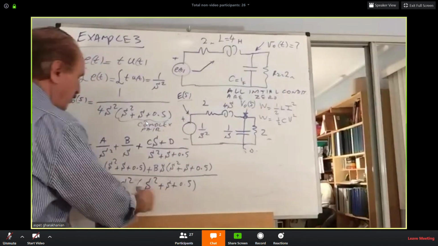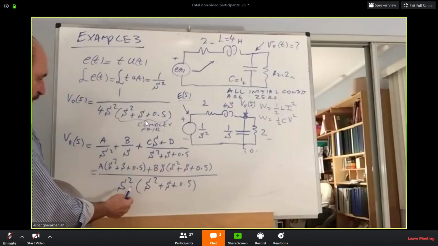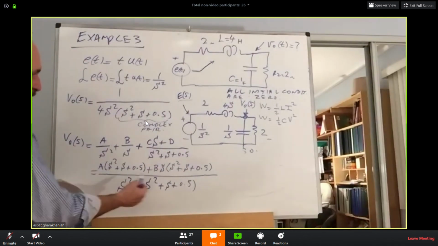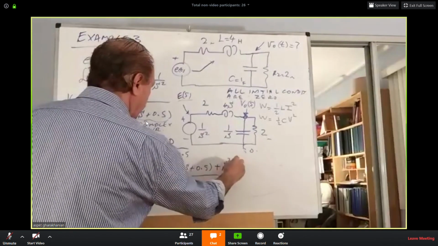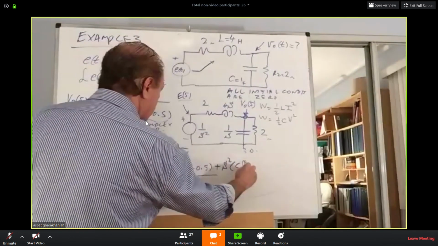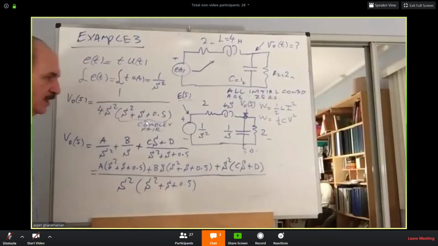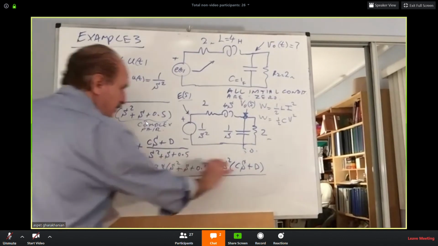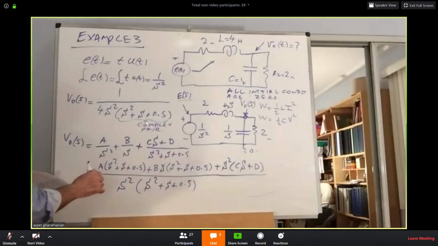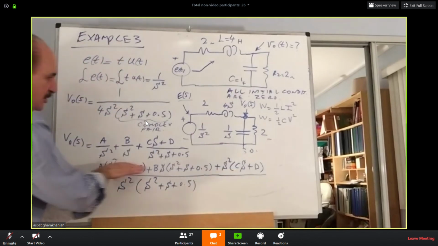You divide that denominator, the common denominator, with the S squared plus S plus half; S squared stays in. So you multiply S squared by CS plus D. Having done that, you will start grouping the numerator in terms of descending powers, the highest power that you see here.